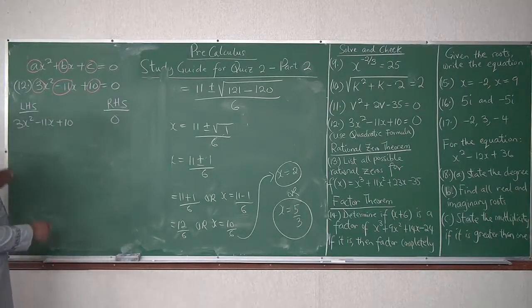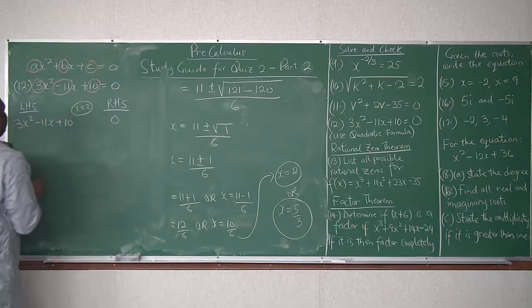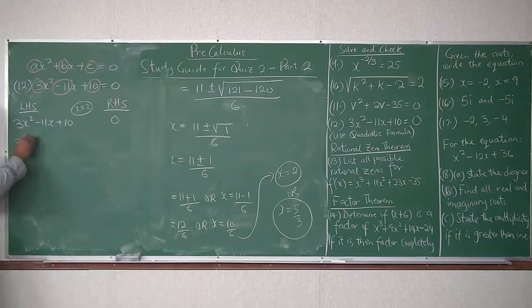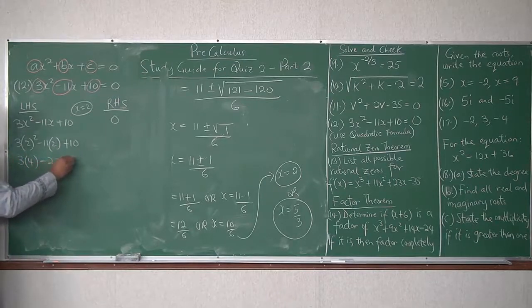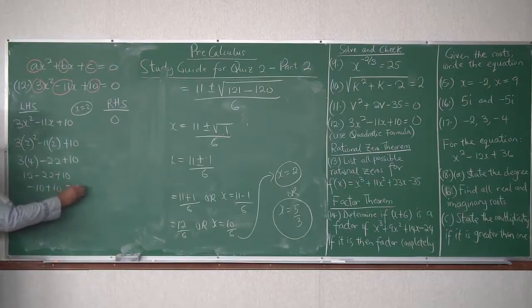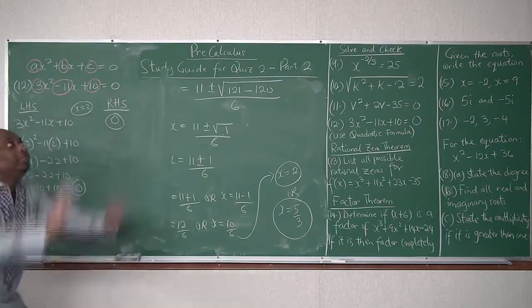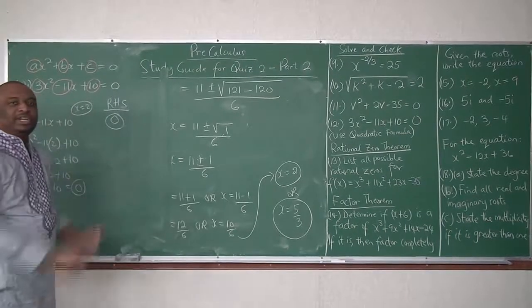So, x equal to 2: 3 times 2 squared minus 11 times 2 plus 10. So this is 3 times 4 minus 22 plus 10, that is 12 minus 22 plus 10, that is negative 10 plus 10, which is 0. 0 on the left, 0 on the right. You can jump with your 2 hands and touch the ceiling.